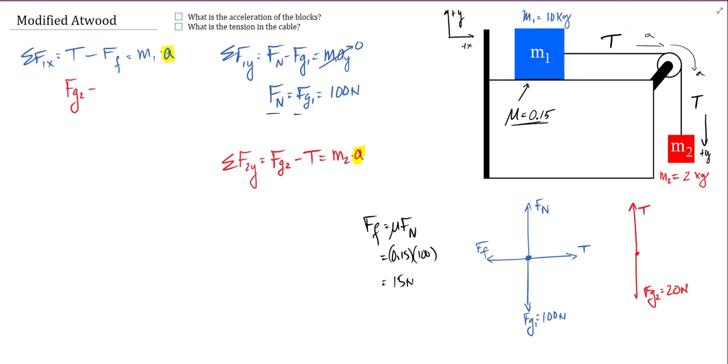So we get Fg2 minus tension equals m2 times a.